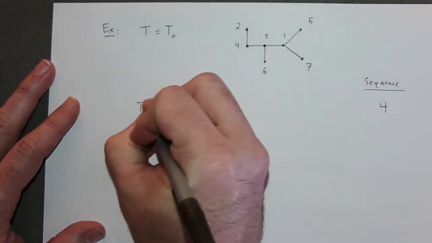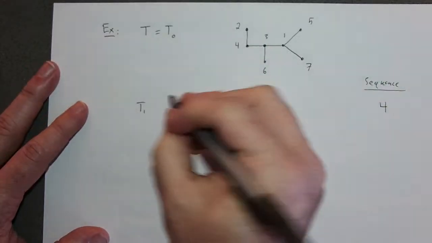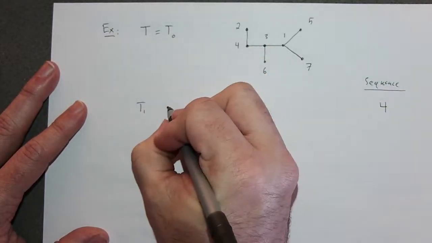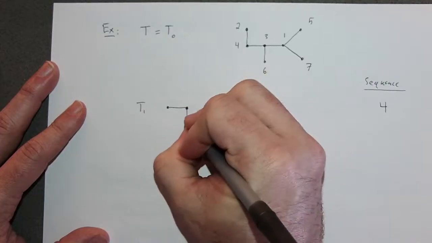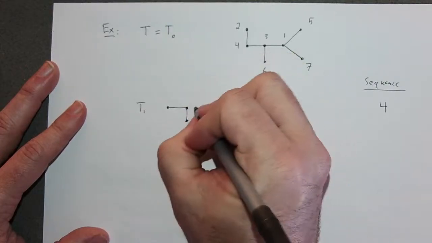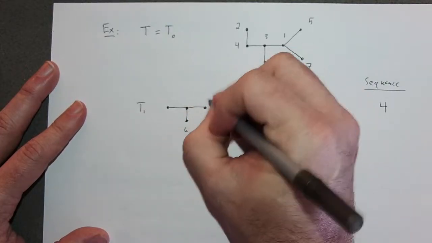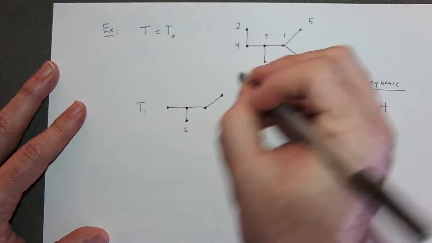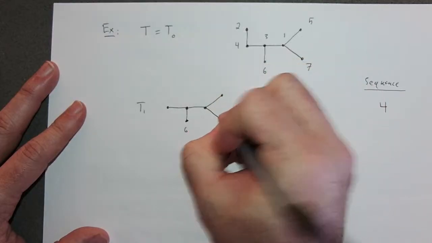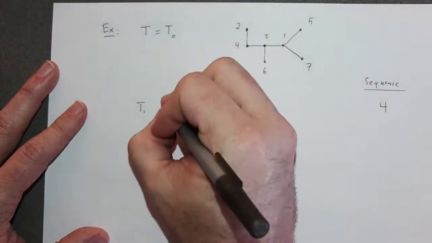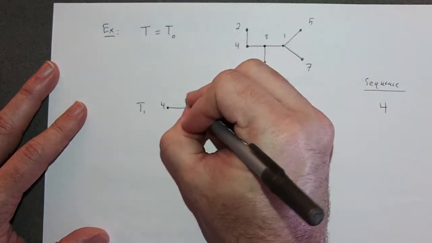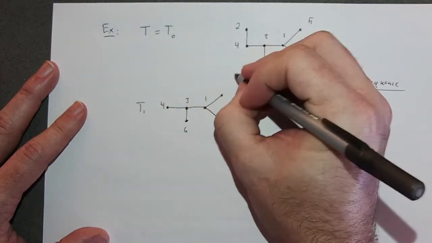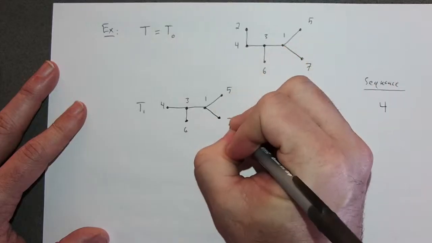So what does T sub 1 look like here? T sub 1 is that tree except with vertex label 2 removed. So I have 4, 3, 1, 5, 7.